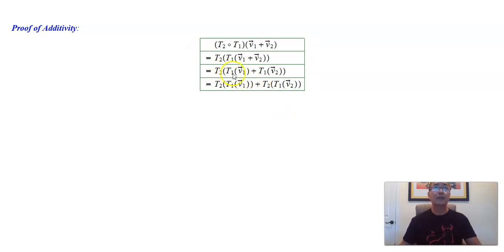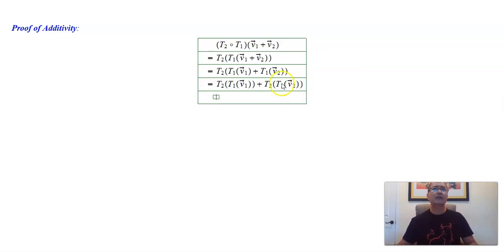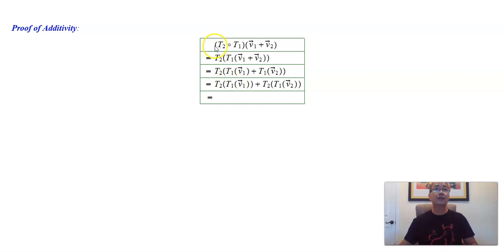Okay, so big picture, you have two vectors added together, input each vector individually into t2, we should get exactly the same thing. But wait a minute, t2 evaluated at t1 of v1. That's exactly the definition of the composition. So the first term is just t2 composed with t1, and we evaluate it at v1.